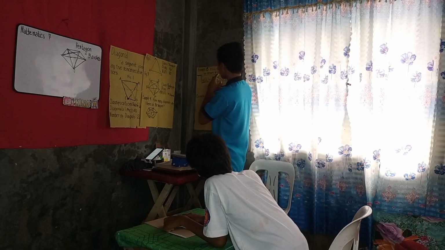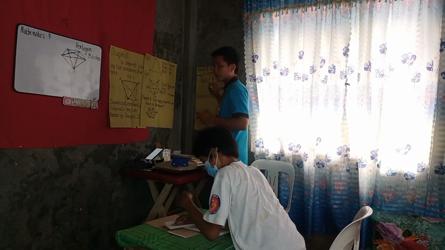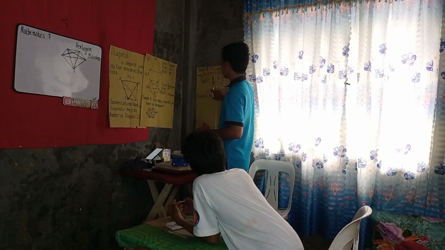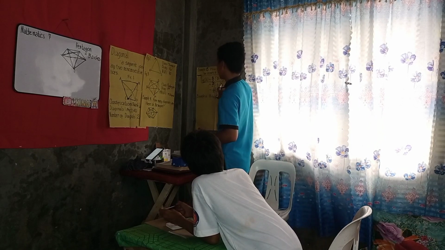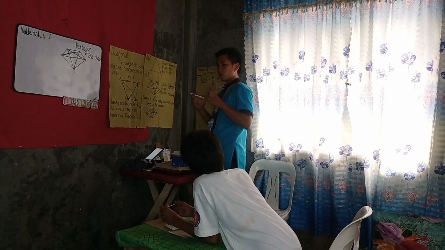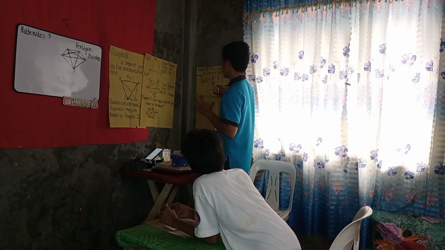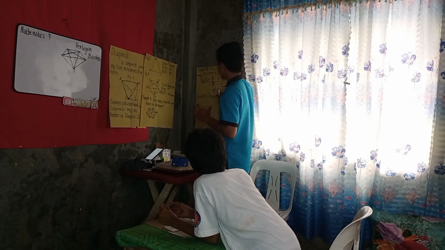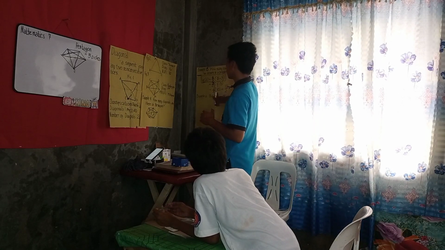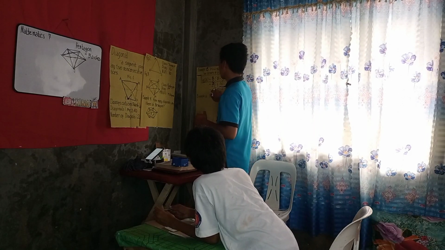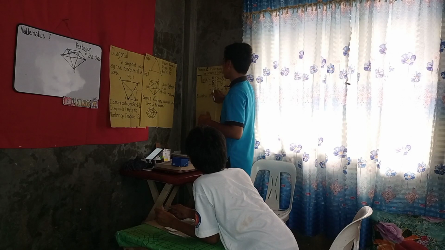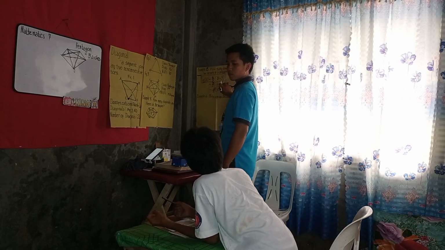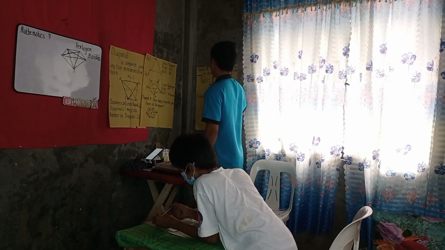So, how many sides are we looking for? 13, right? 13 divided by 2 multiplied by 13 minus 3. So, always go first with the number inside the parentheses. 13 minus 3 is 10. 10 multiplied by 13 is 130.